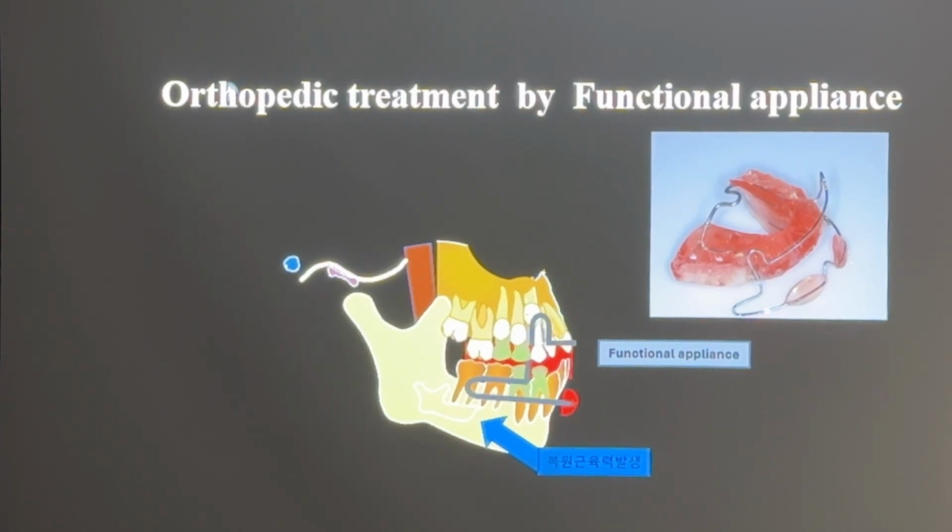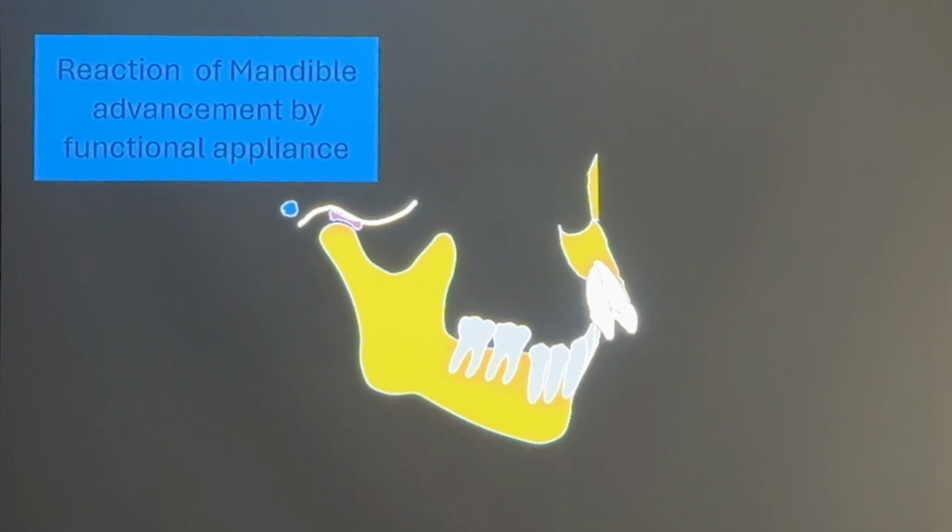So this lip pad is too short, I think. A longer lip pad is good. With a longer lip pad, the lip screen will expand the lower muscles outside. It is good for class 2 division 1. Do you understand?